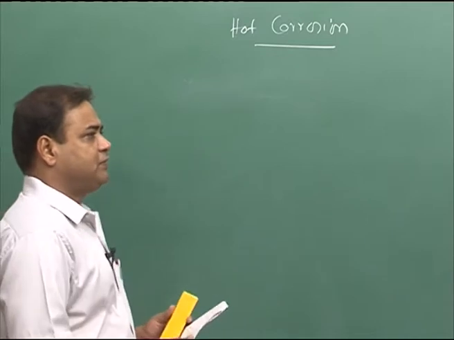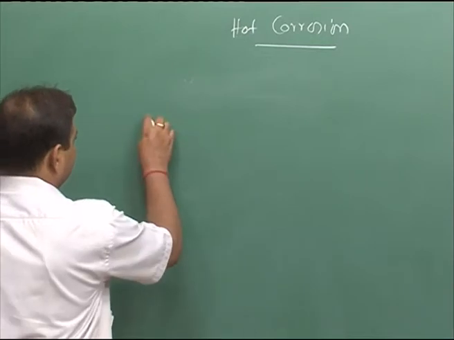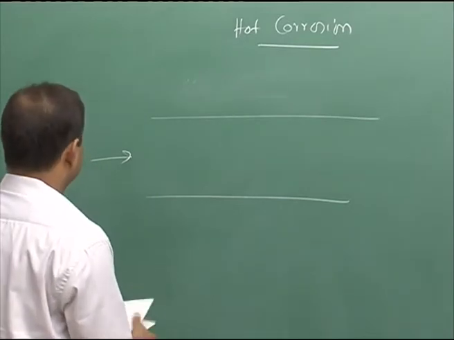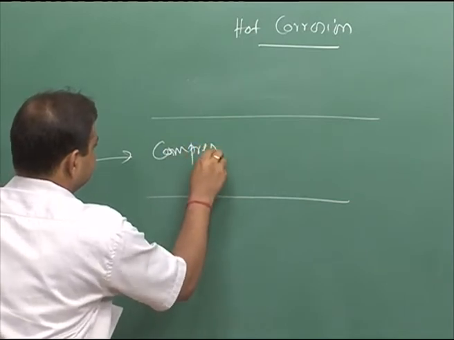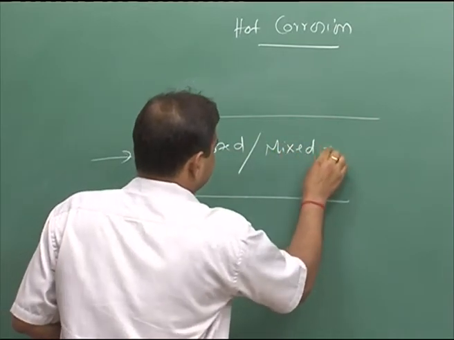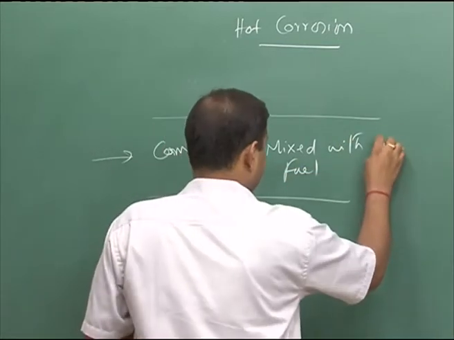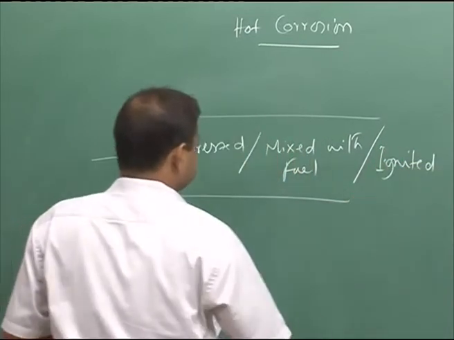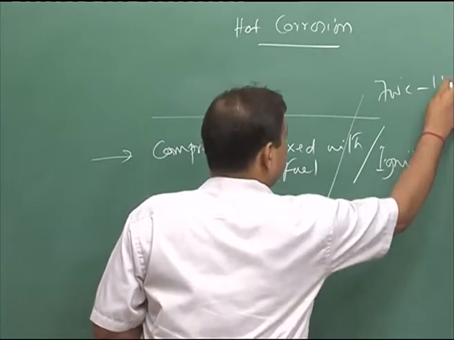For example, in gas turbines, air comes in and is compressed, then mixed with fuel, and then this is ignited, and the temperature reaches around 700 degrees Celsius to 1400 degrees Celsius.